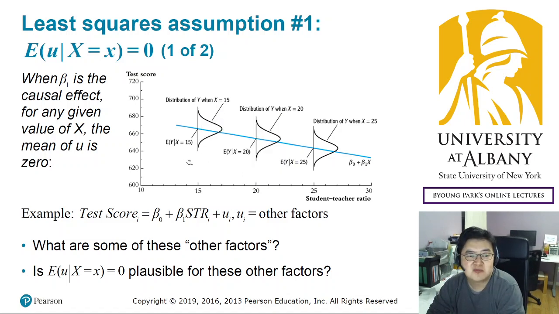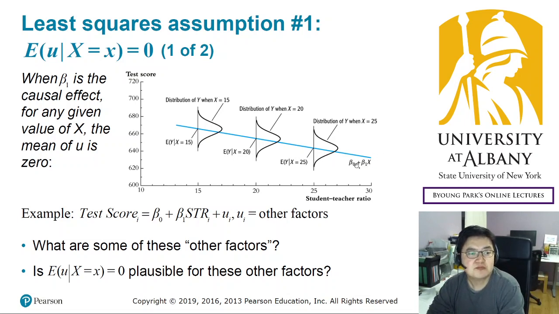The graph was drawn based on normal distribution because that's the easiest way to make a graph. Anyhow, as x changes, the distribution may change, and we are particularly interested in their mean, the conditional mean, and they are connected by a straight line. That is the regression line that I introduced at the beginning of this slide.